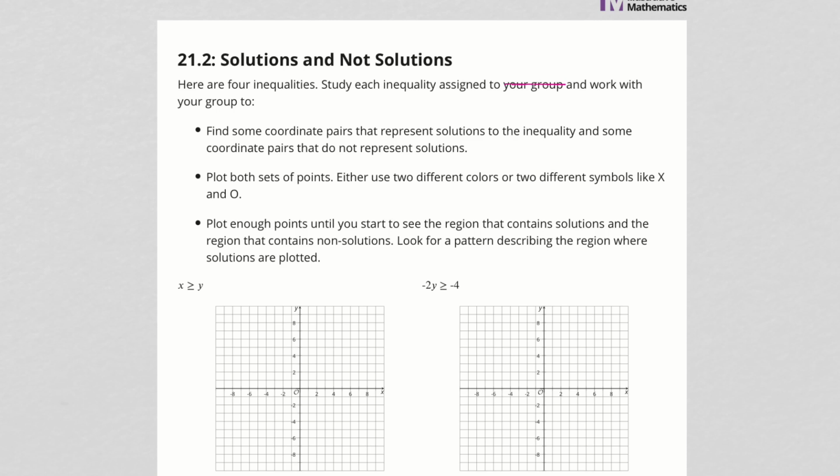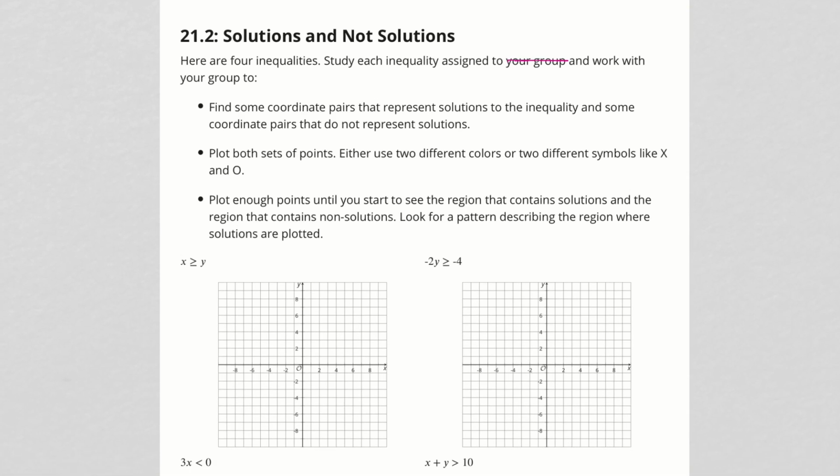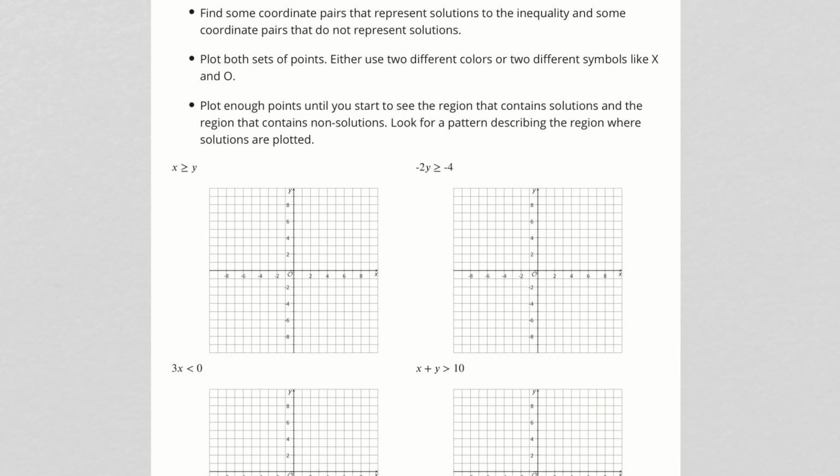Otherwise, if I were there, I would be pulling those out for you guys today. Let's see here. So plot enough points until you start to see the region that contains the solutions and the region that contains a non-solution. So look for a pattern describing the region where the solutions are plotted.